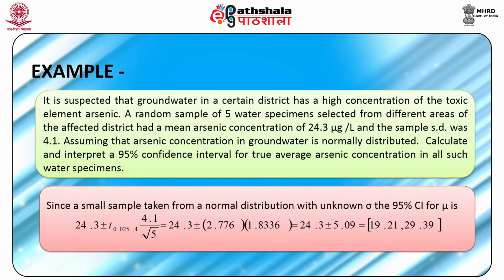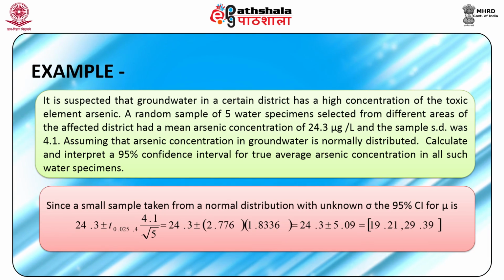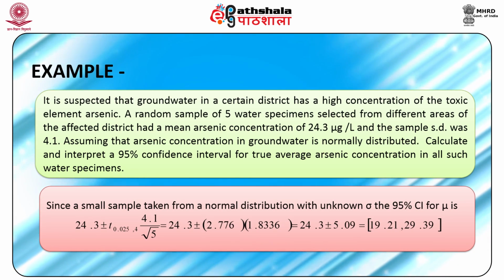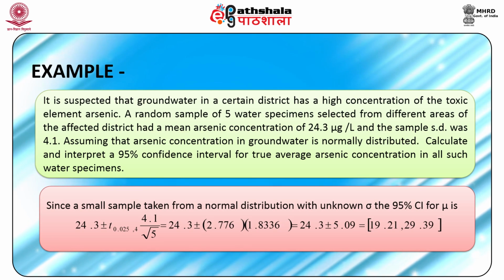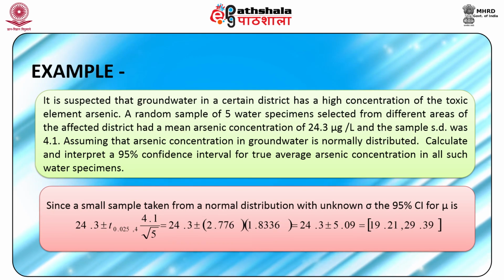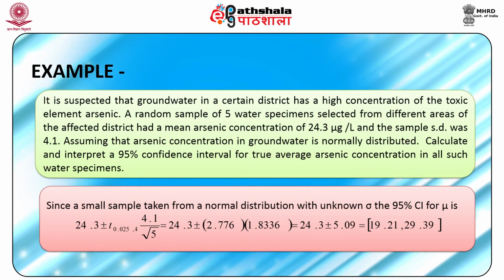This comes out to be equal to 24.3 plus minus 2.776 into 1.8336. Again, on simplification, this is 24.3 plus minus 5.09, and we get the lower limit of 19.21 and the upper limit of 29.39. What is the interpretation of this?